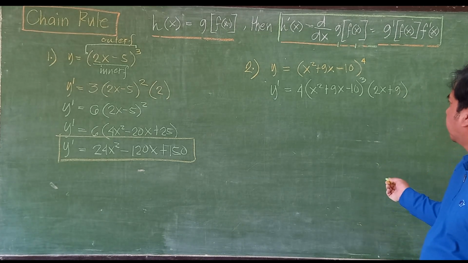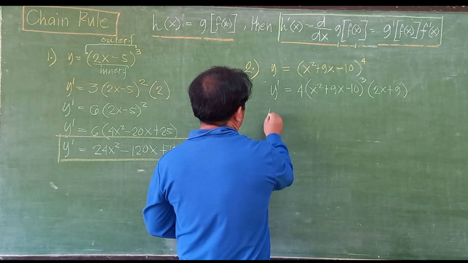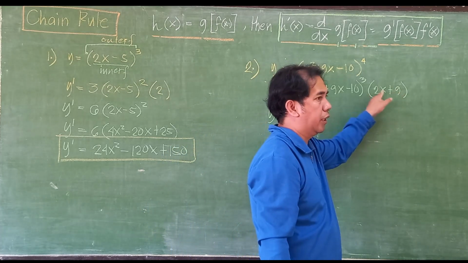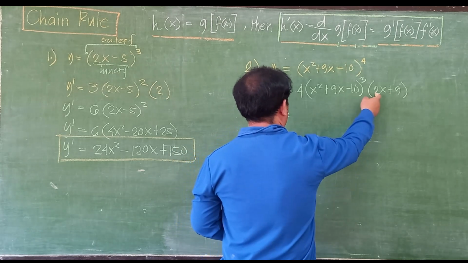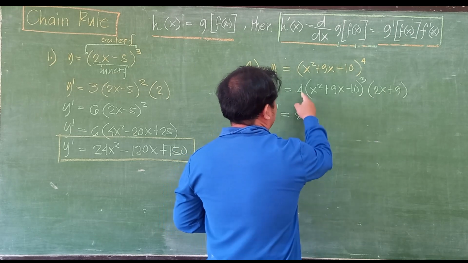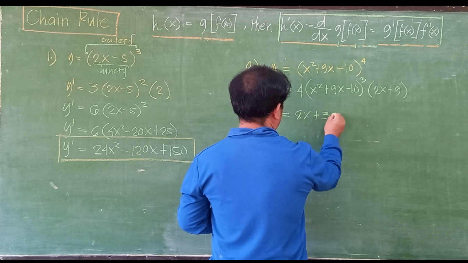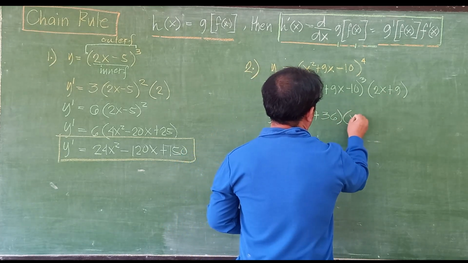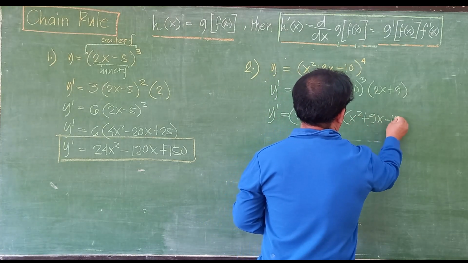Having said that, we can now have the final answer. We can multiply this one here: 4 multiplied by 2x, we have 8x, multiplied by x squared plus 9x minus 10 raised to 3.